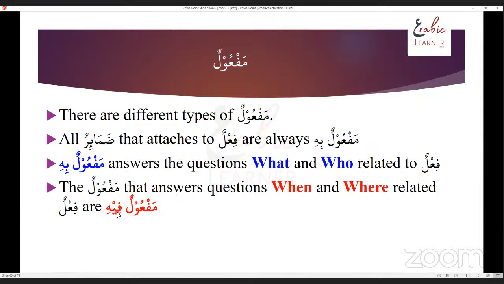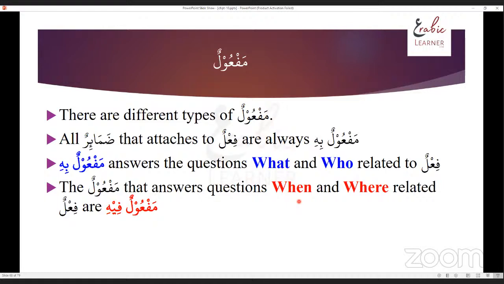And there is another maf'ul which is called maf'ul fihi. It replies to the question when and where. So there is something that you have learned which indicates the answers to when and where.